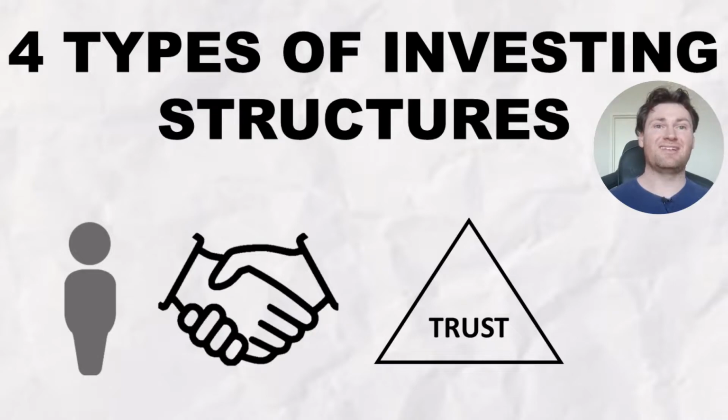The third option is trusts. Now, trusts themselves act on behalf of something. Whether that something is a company or an individual, they act on behalf of the best interests of that entity. For the purposes of trusts for property investing, we're going to assume that it acts on behalf of a shelf company.